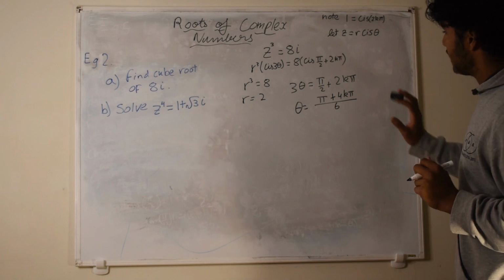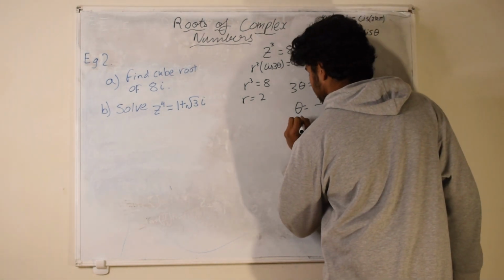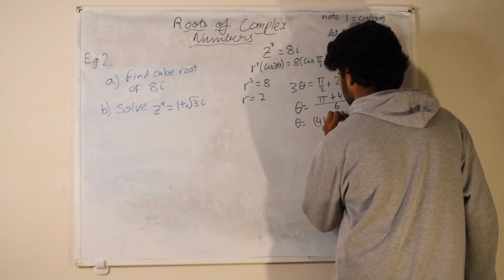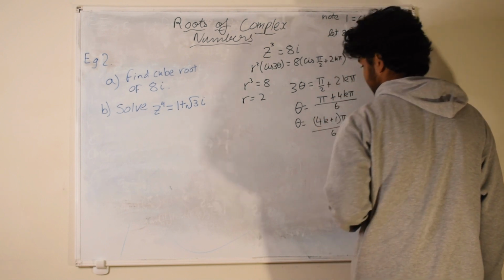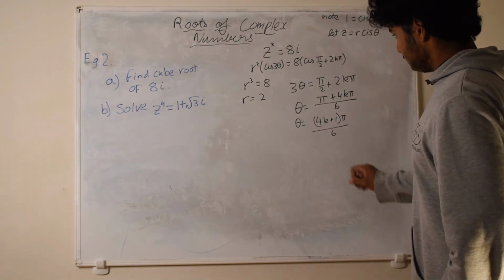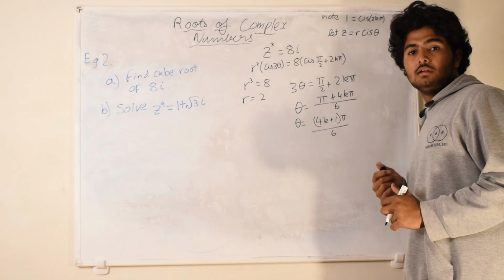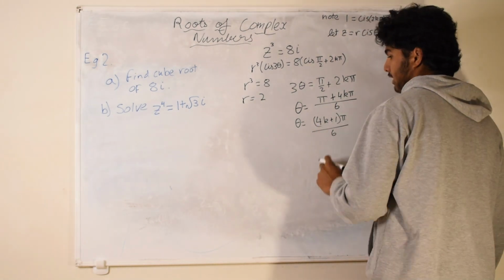We can factor out the pi. Theta is just 4k plus 1 pi upon 6. So that's what theta equals. Principal argument, coming back to that, negative pi, so we write that down over here.